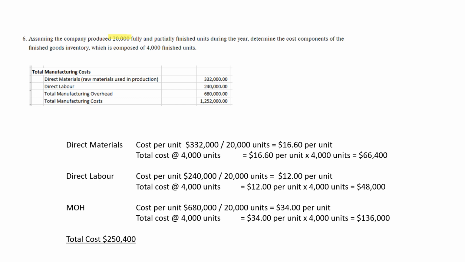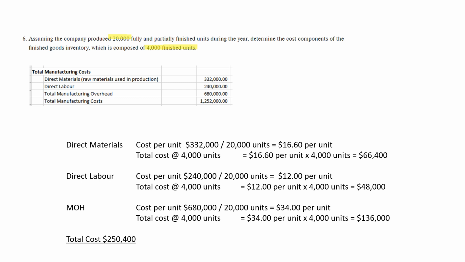So what we're trying to find now is the cost components: how much is the cost of our finished good inventory, which has 4,000 finished units, assuming 20,000 units were made during the year.